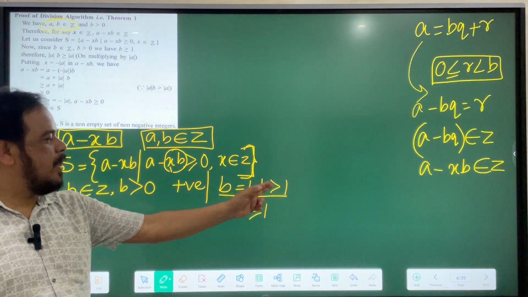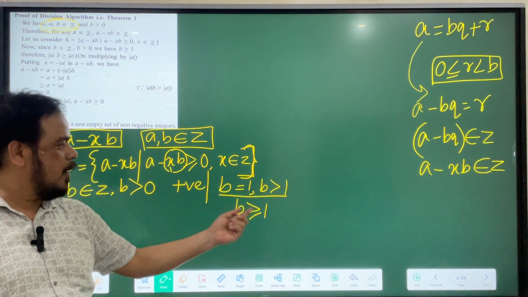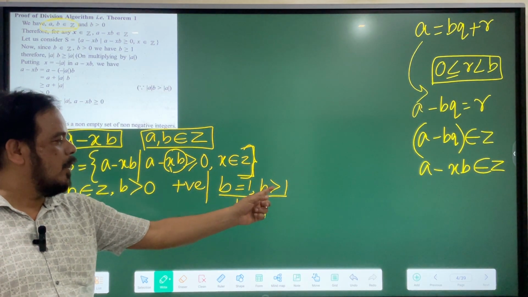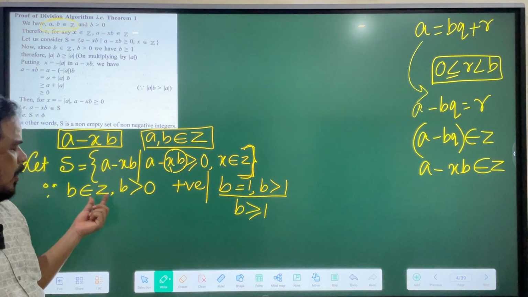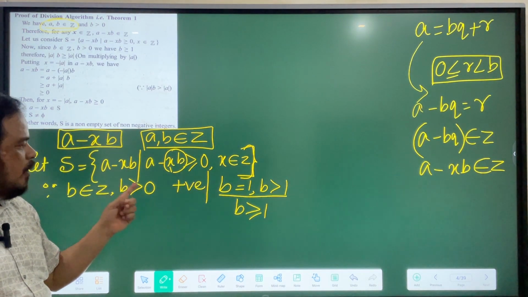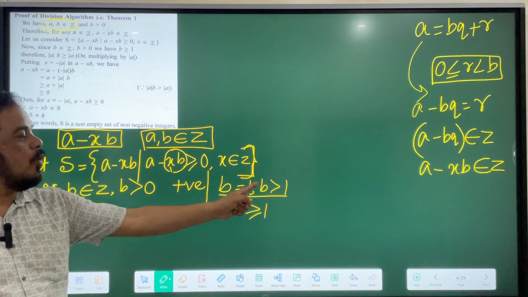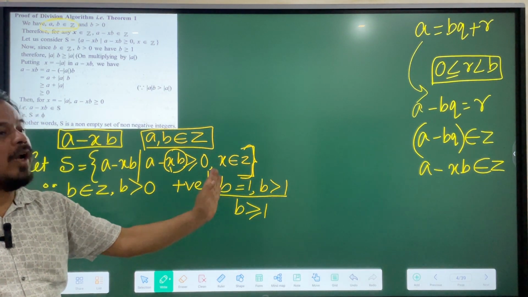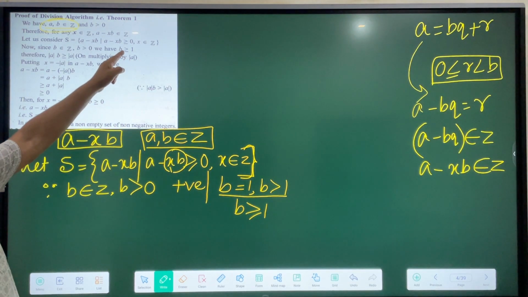Instead of writing separately, we can write it together like this: b is greater than or equal to 1. Where did we get this condition from? From this condition: b is an integer, b is greater than 0. So b will start from 1. That is why b is equal to 1 and b is also greater than 1, meaning 1 onwards. So b is greater than or equal to 1. That is why it is written like this.